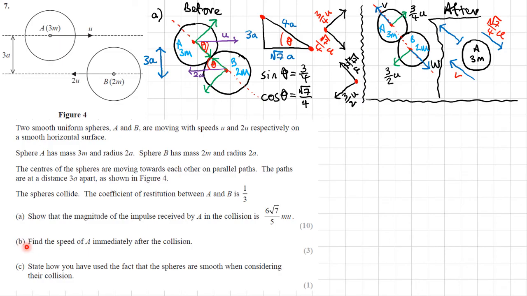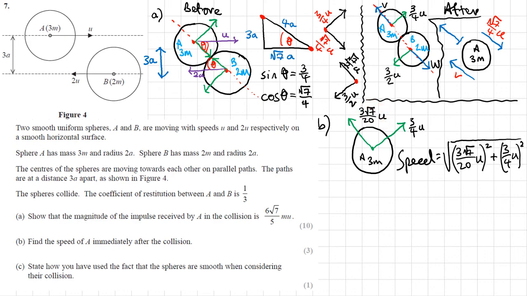Part B. Find the speed of A immediately after the collision. So we can refer back to part A to help us. So this is going to be what we're going to be using. We have the velocities here. So with the 3/4 u we worked out from before, this one was v, and from part A we worked out v to be 3 root 7 over 20u. So it's just about finding the magnitude or the size of this, which we can do by doing Pythagoras.